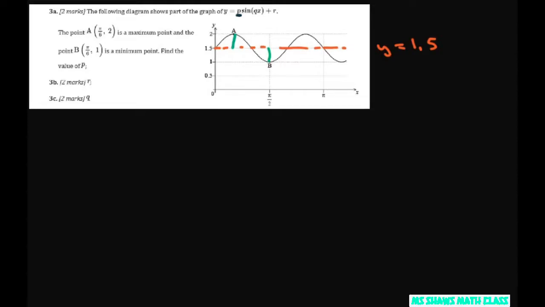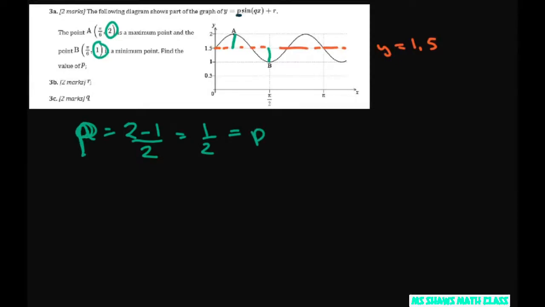So to get P, you're going to do 2 minus 1 divided by 2, which gives you 1/2, which gives you your P. In this case, this is P, sorry.